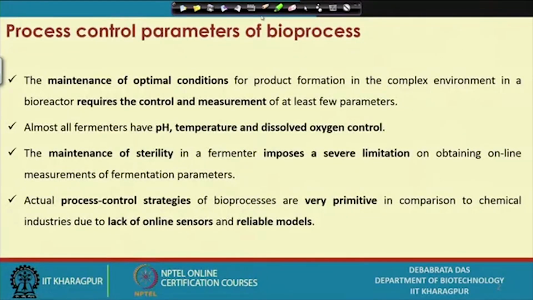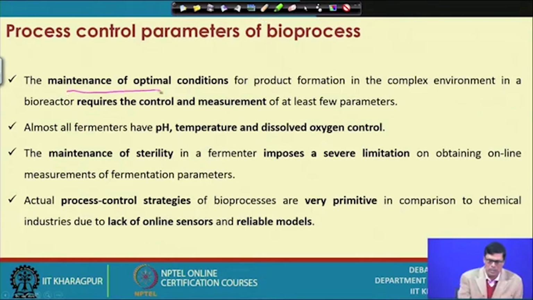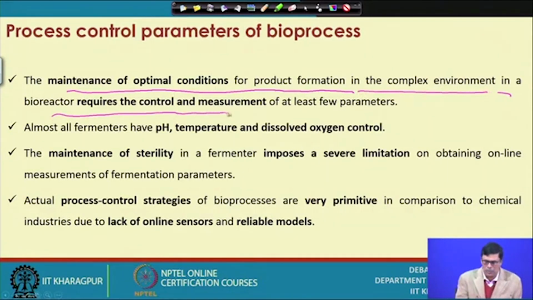Now, first let me tell you that the process control parameters involved in this bioprocess maintain the optimum conditions for product formation in the complex environment. A bioreactor requires the control and measurement of at least a few parameters that I told you.